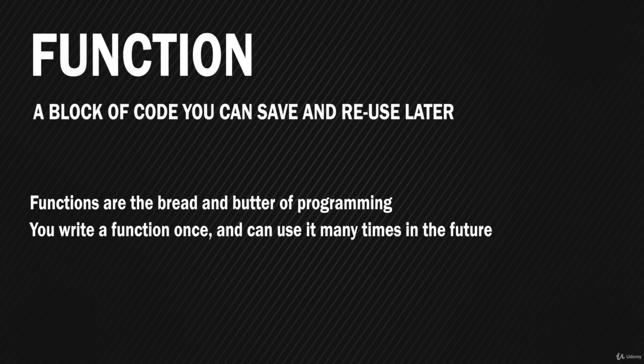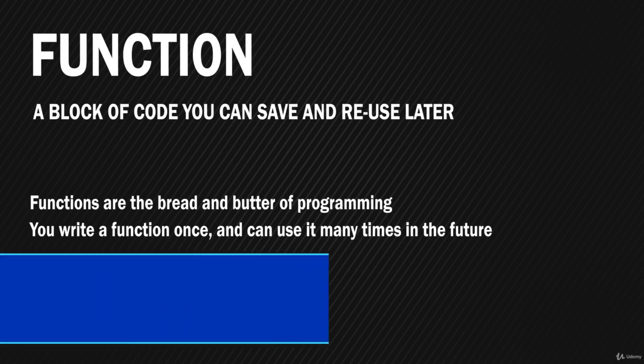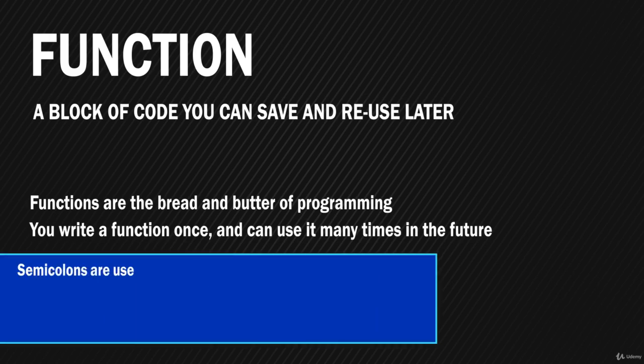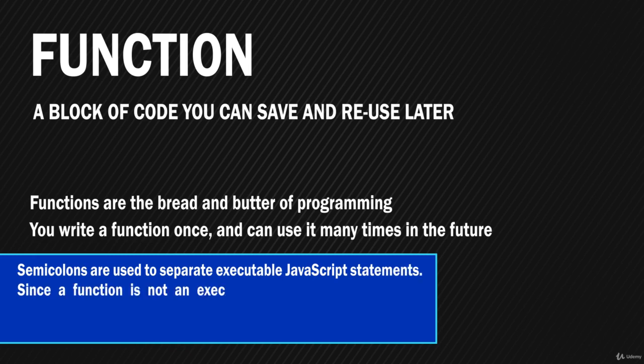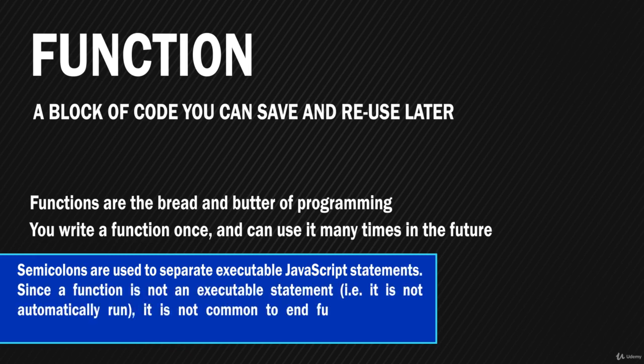So what this means is that you write a function once and you can use it as many times as you want in the future. And just as an FYI on the side, remember semicolons? We did this in the syntax section. Generally, semicolons are used to separate executable JavaScript statements. But since a function is not an executable statement, and by that I just mean it's not automatically run, you have to actually call it or invoke it. We'll see that shortly. Because of this, it's not common to end functions with a semicolon.